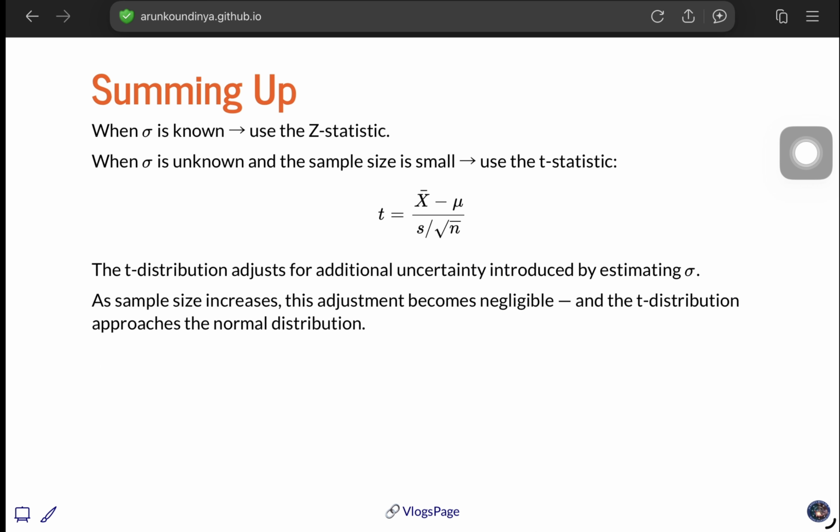And summing up, if sigma is known, we use the Z statistic. If sigma is unknown and the sample size is small, let's use the t statistic. And of course, if sigma is unknown and you have a larger sample size, how do you use it? You can directly use the Z statistic.